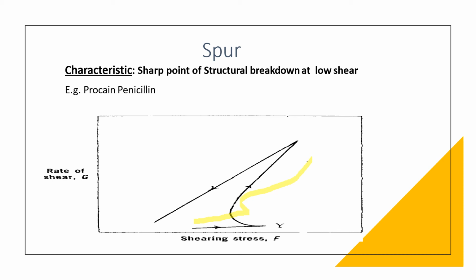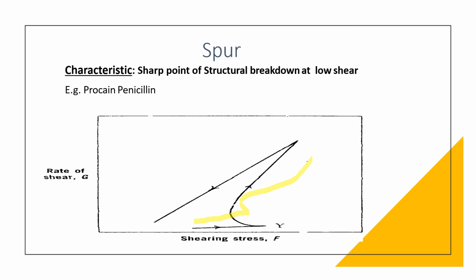It was found by scientists that penicillin gel has a definite spur value, and it is very thixotropic. Because it was used for intramuscular injection, once injected intramuscularly it formed depots, and because of that depot formation, the prolonged blood level of the drug can be obtained from that pattern of spur formation.